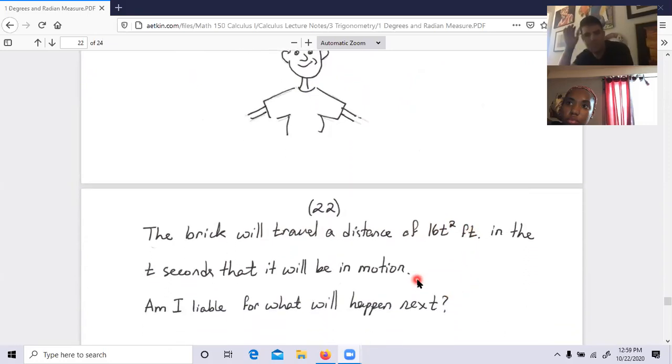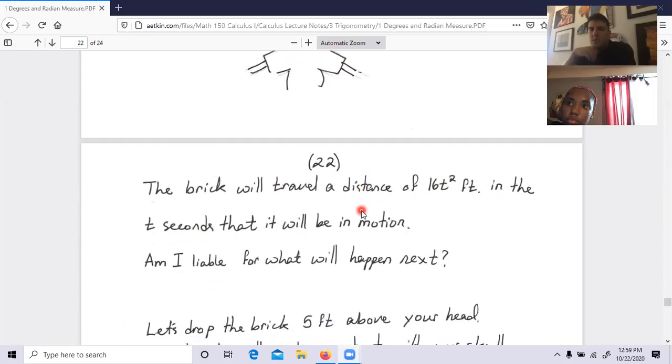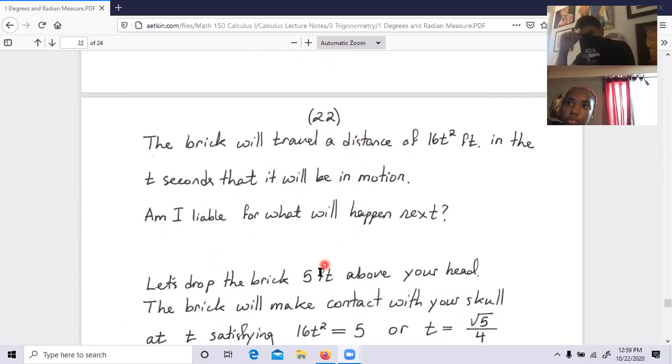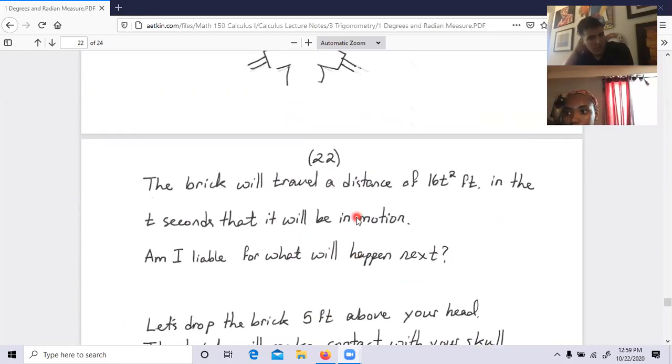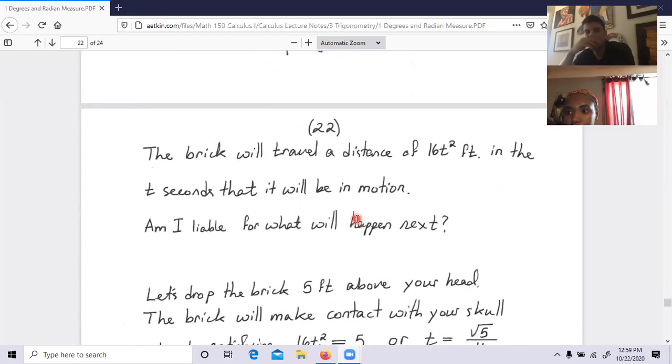So the question is, am I liable for what will happen next? Am I to blame for anything? So let's drop the brick 5 feet above your head. Will the brick hit your head?